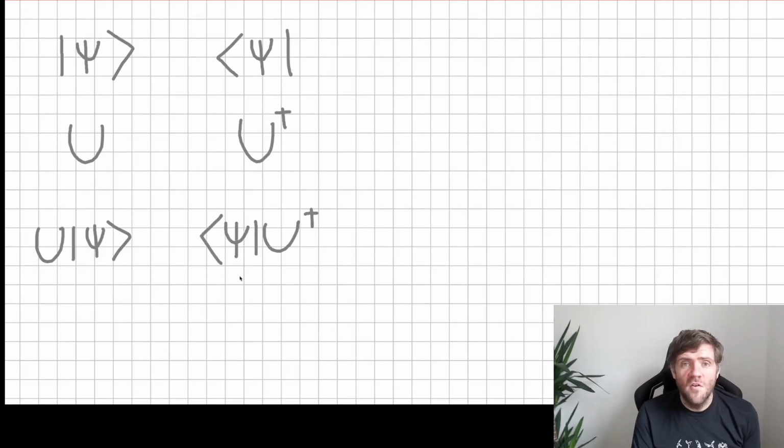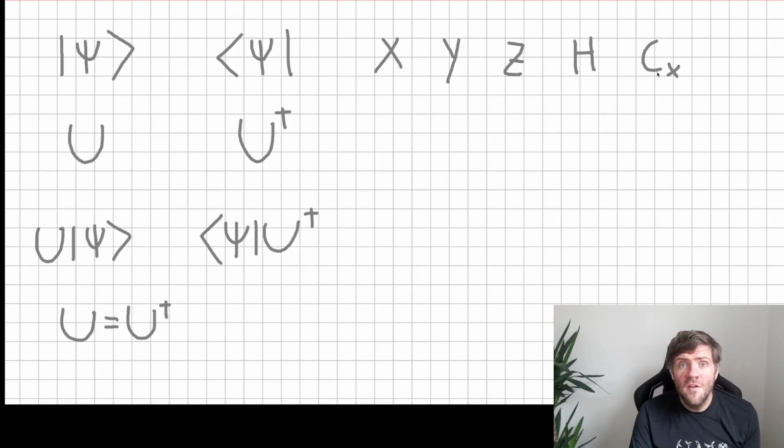And there's a notion of a Hermitian matrix, which is one that is equal to its own Hermitian conjugate. Now most of the gates that we've looked at so far are Hermitian. So the X, the Y, the Z, the Hadamard, the controlled knot, these are all Hermitian gates.